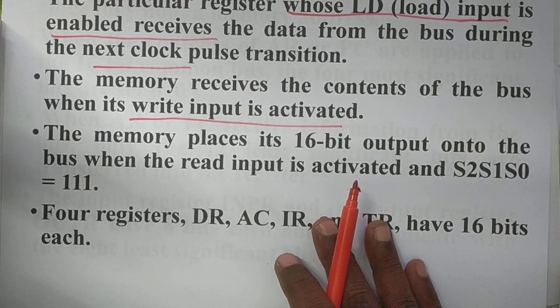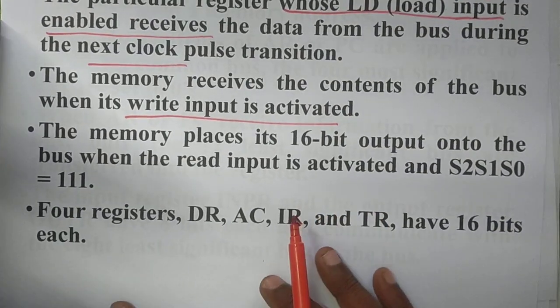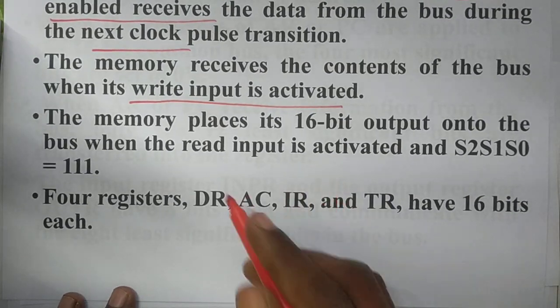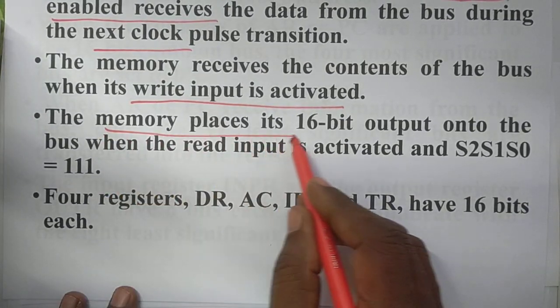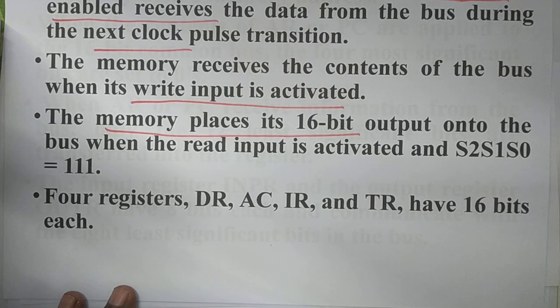And another is that memory places its 16-bit output onto the bus. You know that the common bus has 16-bit capacity.